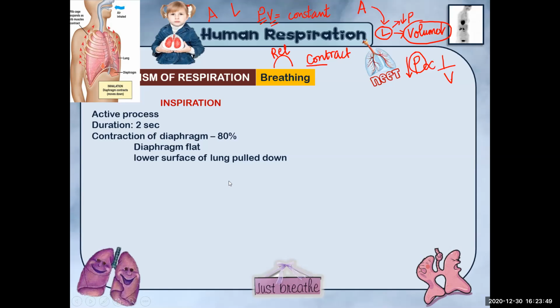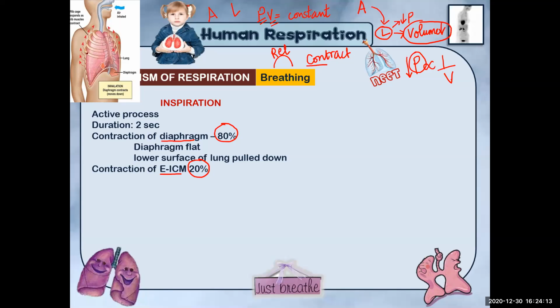The lower surface of lung will be pulled down. The contraction of external intercostal muscles will also take place. तो जो वॉल्यूम बढ़ेगा वो मेनली कॉन्ट्रैक्शन ऑफ डायफ्राम की वजह से बढ़ने वाला है, एंड कॉन्ट्रैक्शन ऑफ एक्सटर्नल इंटरकॉस्टल मसल्स से भी बढ़ने वाला है.